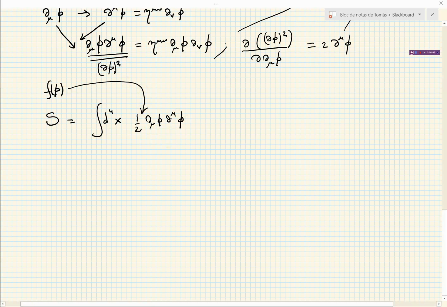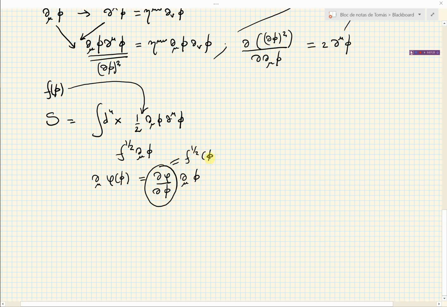But you should be convinced that if I have partial mu phi partial mu phi over f1/2, okay, I have this squared, I can always find a phi tilde of phi such that partial mu phi tilde is the derivative of phi tilde with respect to this other phi, and then partial mu phi tilde squared under this is equal to f1/2 of phi.